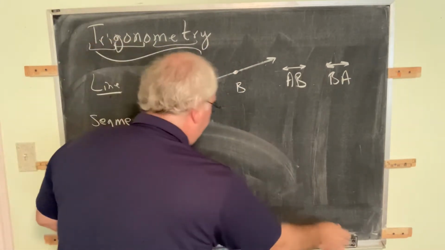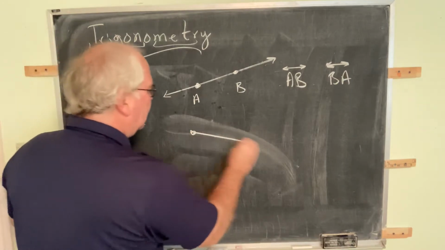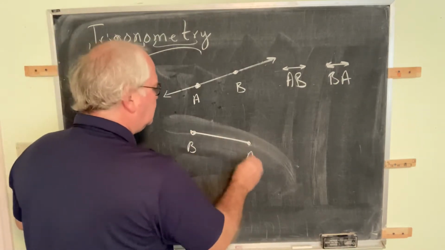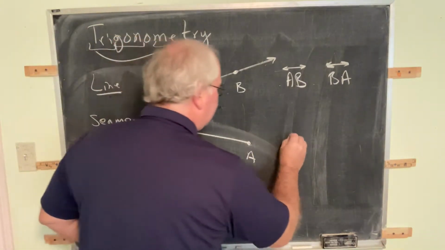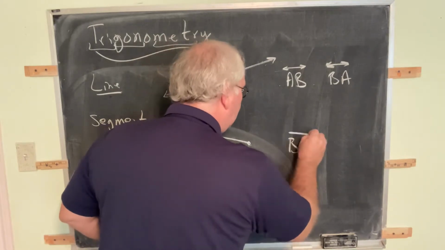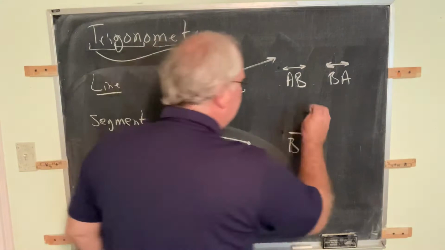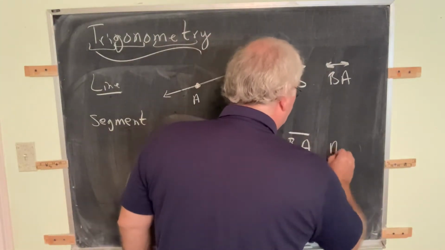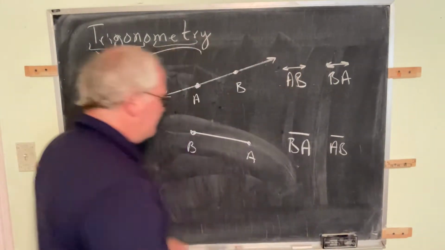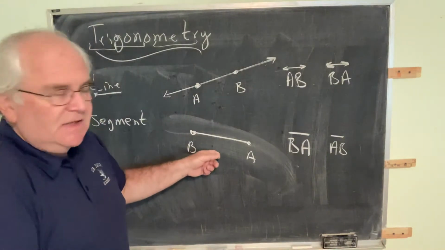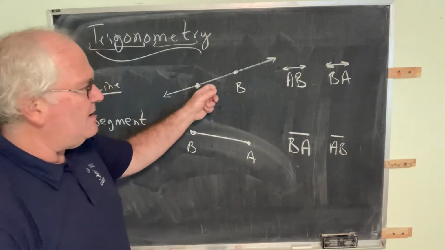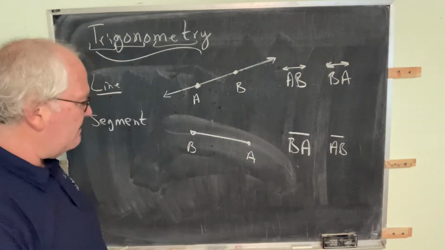So we could have B extending to A, and this would then be written as segment BA. Notice that there are no little arrows here. This is considered to be the same as segment AB. Segment BA, segment AB is the same. Line AB, line BA is considered the same.